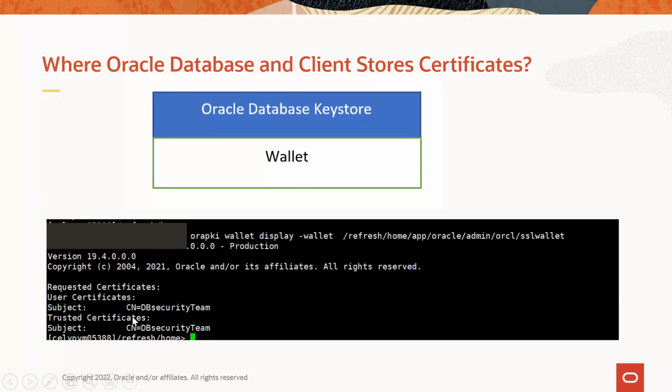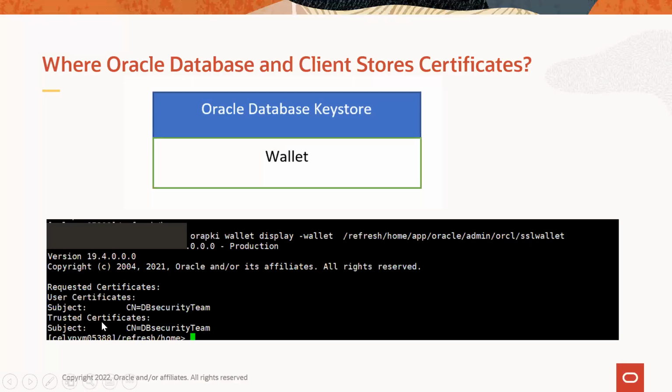So when an Oracle database sends the client its certificate, saying you connect to this, the client's trusted certificate store should have the respective server certificate. The respective certificate of the server should be kept in the trusted store.